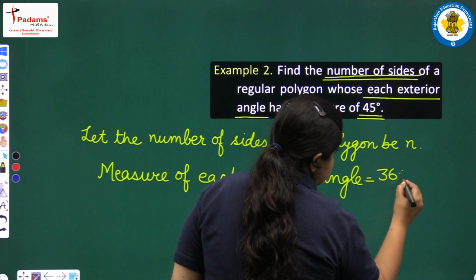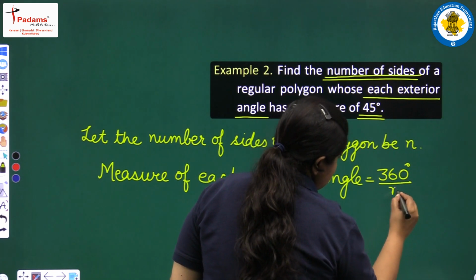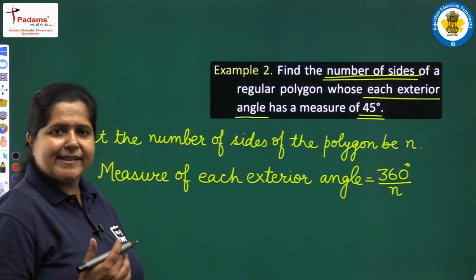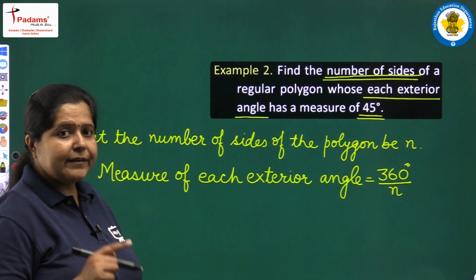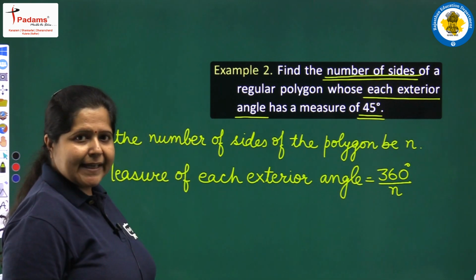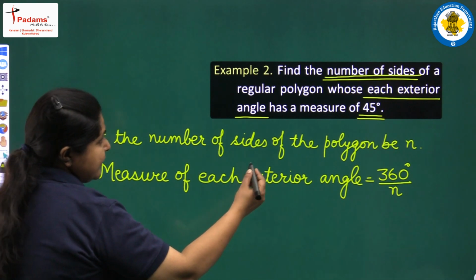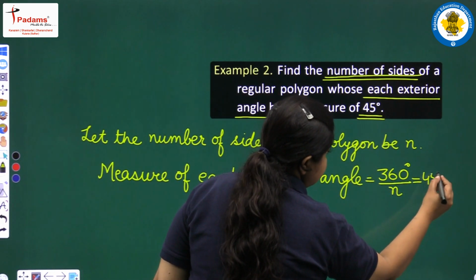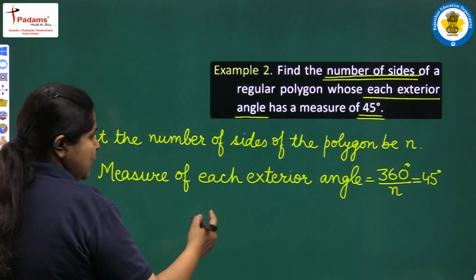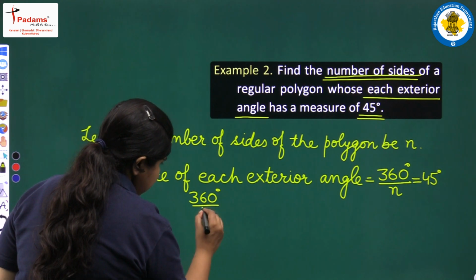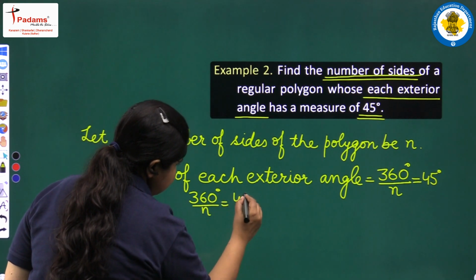Also, you can understand it in the way that the sum of all the exterior angles is 360 degree, and to find one single angle we will have to divide it by the number of sides, and this exterior angle has been given equal to 45 degrees. So, they both will be equal: 360 degree upon n equal to 45 degree.